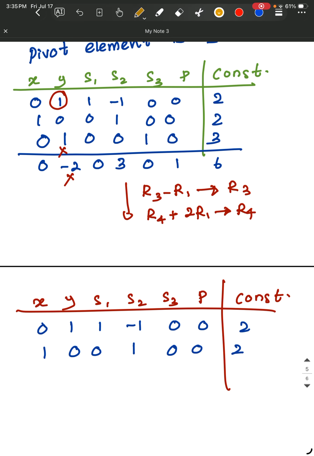Okay, then we have third column, third row, R3 minus R1 goes to R3, 0, 0, -1, 1, 1.